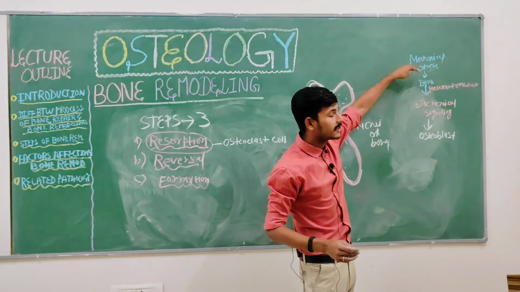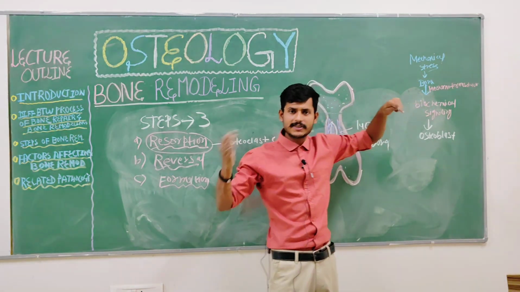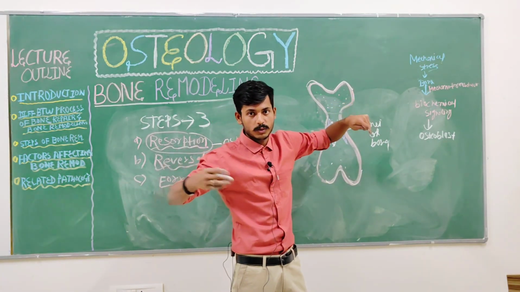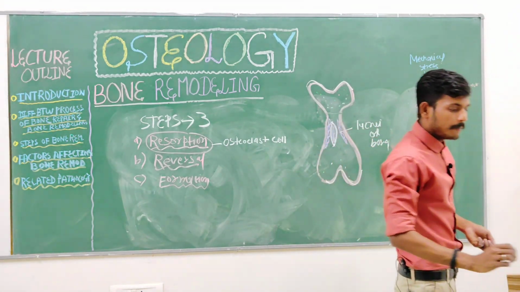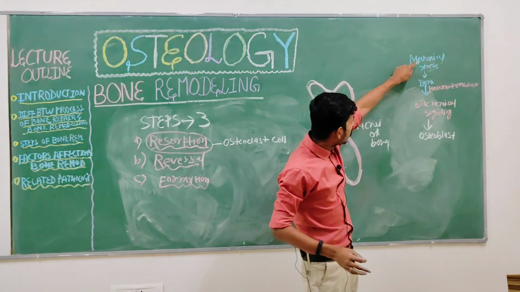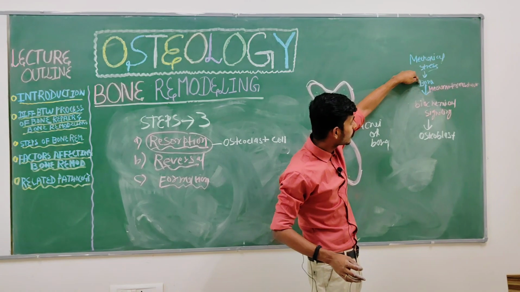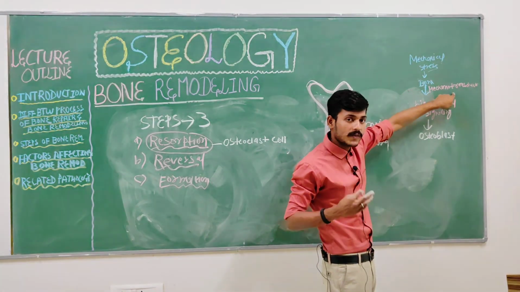You are exerting mechanical stress through physical activities like running, walking, jumping, and some specific exercise, basically weight bearing exercise. By all those things you are exerting pressure, or stress, on the bone. The bone undergoes a phenomenon called mechanotransduction.